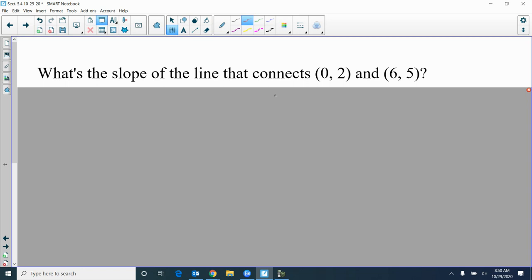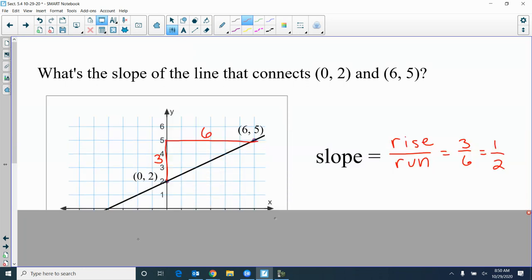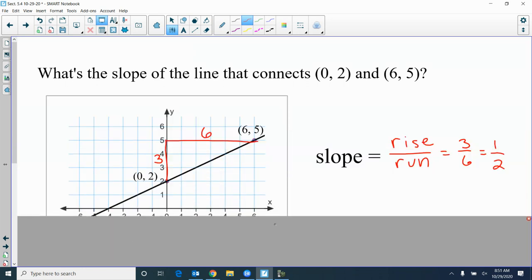So he took the difference between 2 and 5, because the y coordinate here is 2, and the y coordinate here is 5. To get from 2 to 5, you have to go up 3. That's 5 minus 2. And then to go from 0 to 6, you have to go over 6. That is the difference of 6 minus 0.